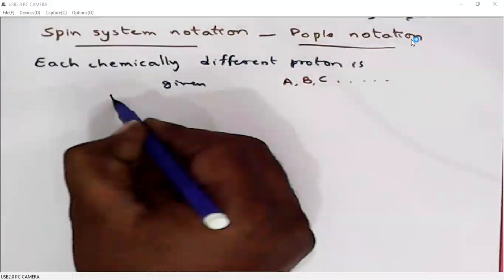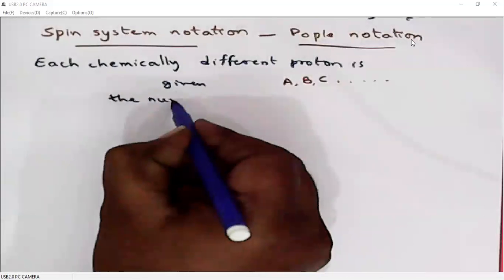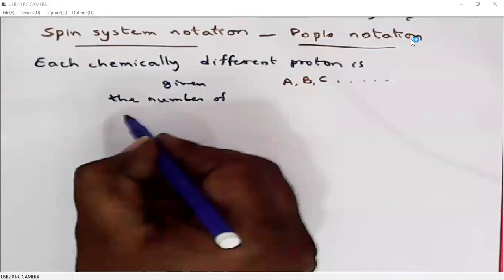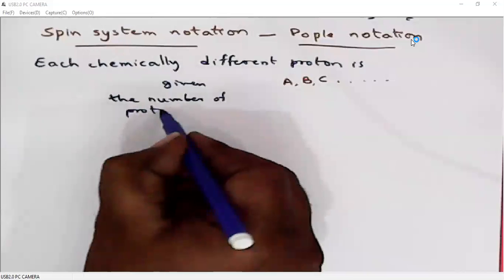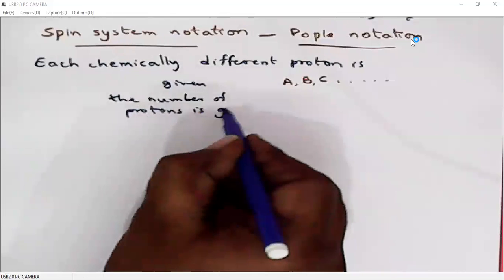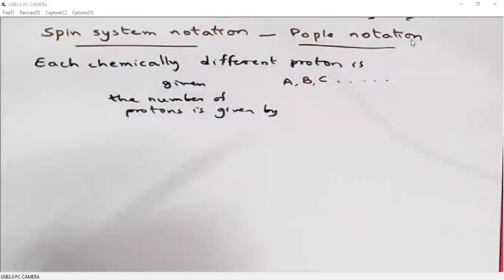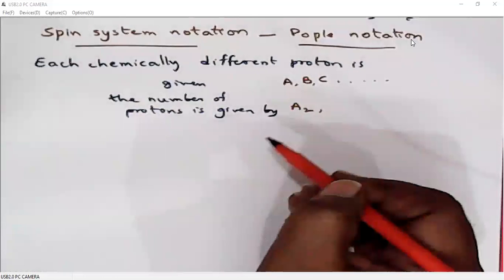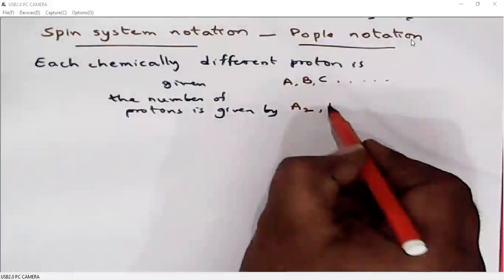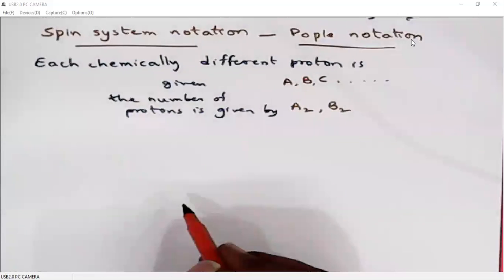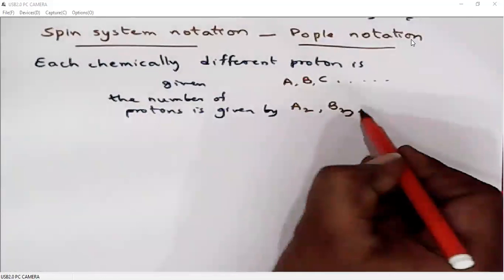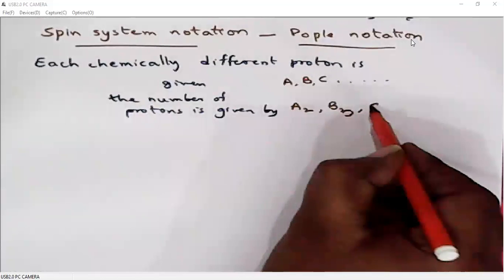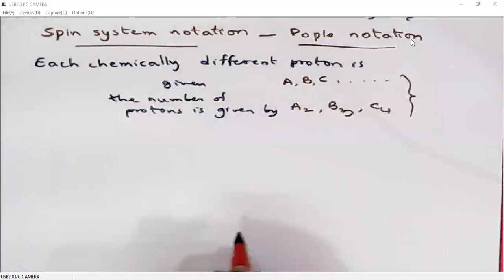Then the number of protons is given by, for example, if we have two A type protons, we will label it as A2. If we have three B type protons, we will label it as B3. If we have four protons of C type, we will label it as C4. So it is something like this.